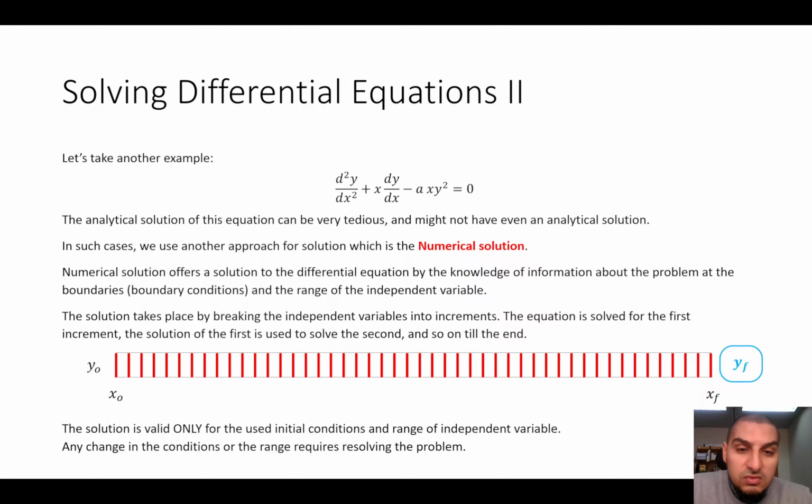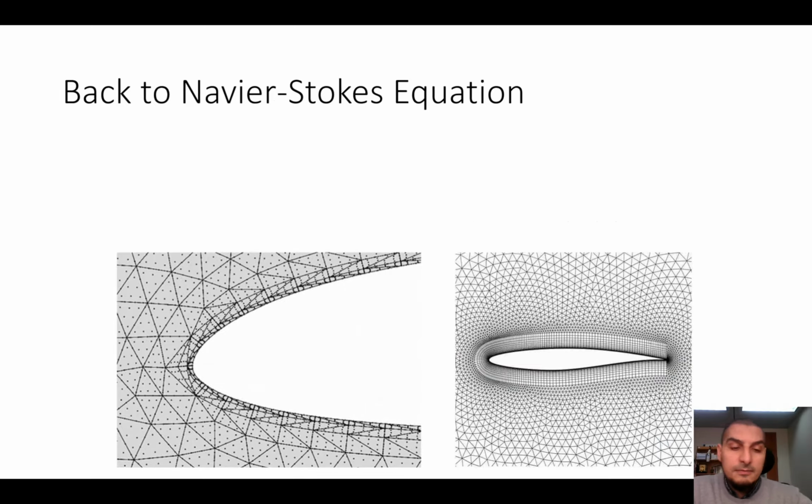So the way we solve this is using software that does these calculations, called computational fluid dynamics, or CFD analysis or calculations. The reason is we don't have a way to get an analytical solution of these equations.